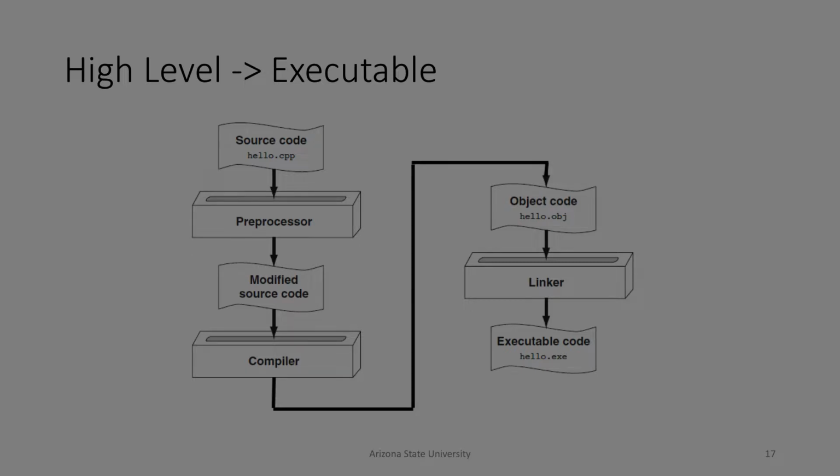You don't see it happen, but it has a modified source code at some point. Then the compiler steps in and generates the object or machine code that is more recognizable to the machine. Then the linker steps in when you say, I want to run this now. The linker grabs any other libraries and links them to your program, if necessary. And then at that point, you have an executable, which is run on your CPU.